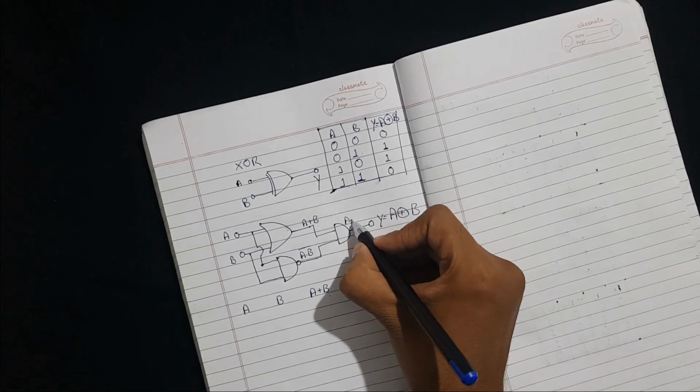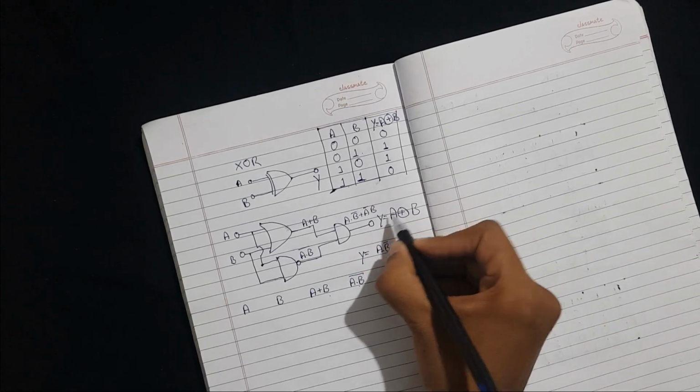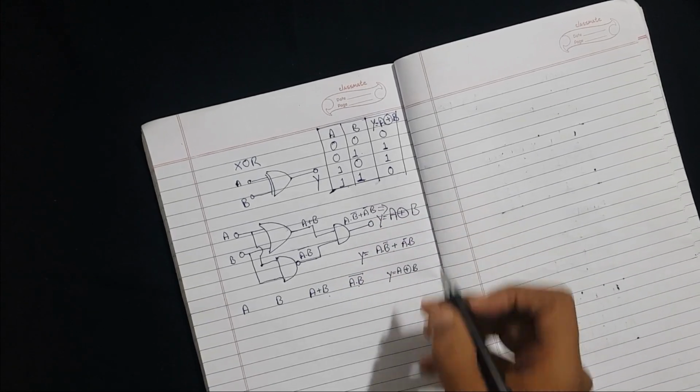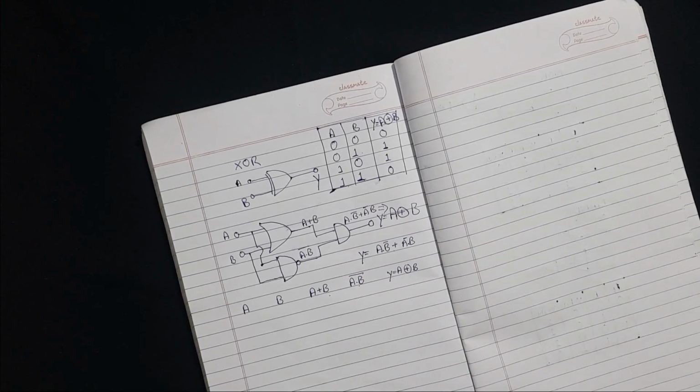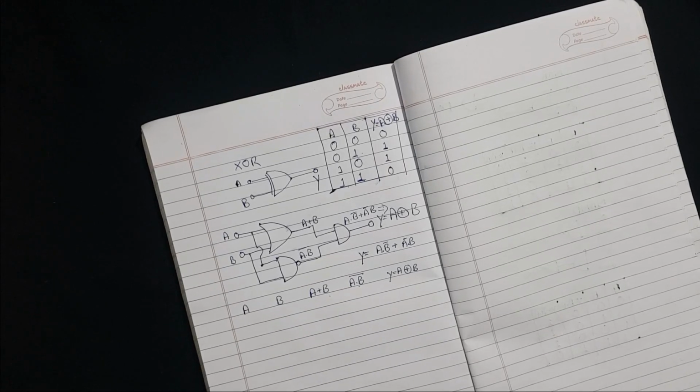We can write it here, which is our exclusive OR of A plus B, right? This is the logical math, sort of.